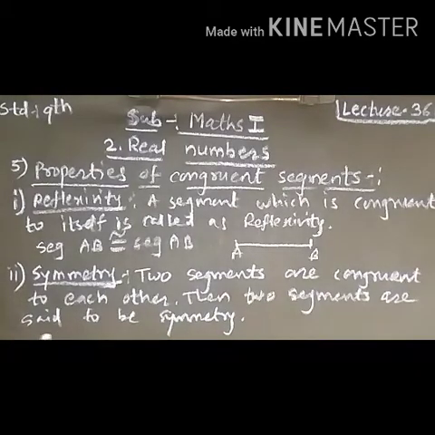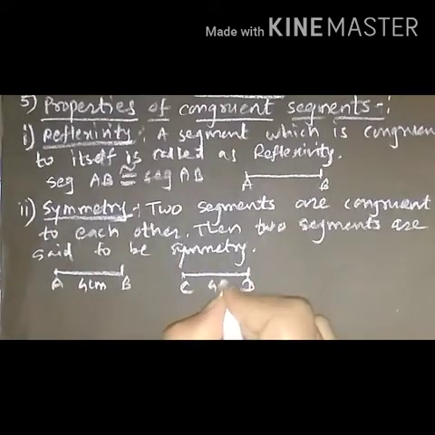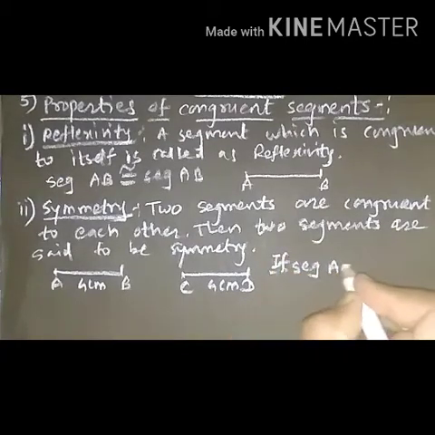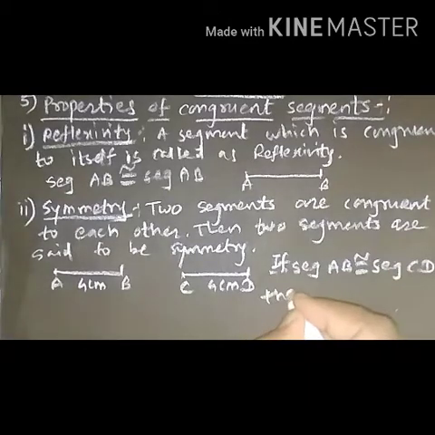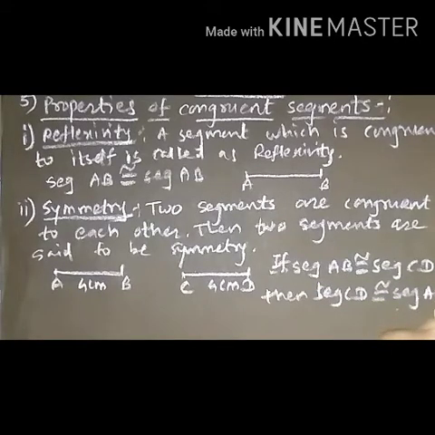So here we consider two segments, segment AB and segment CD. Segment AB is 4 centimeter and segment CD is also 4 centimeter. See, their lengths are same, and therefore if segment AB is congruent to segment CD, then we can say that segment CD is also congruent to segment AB.